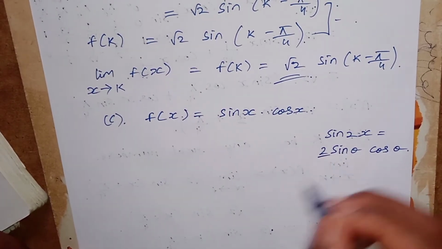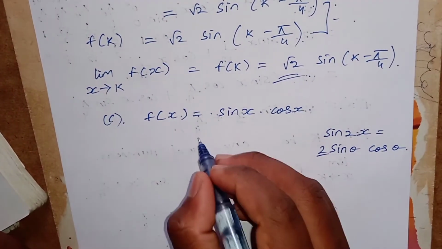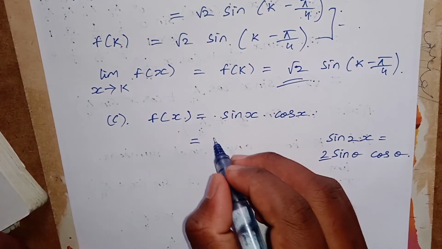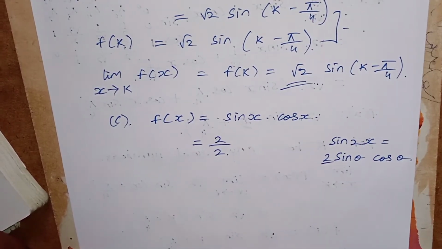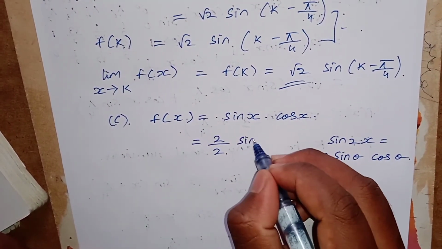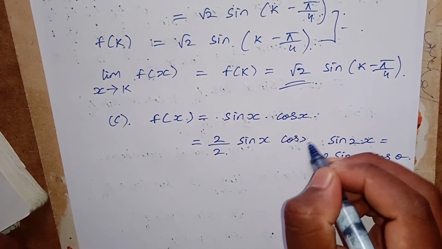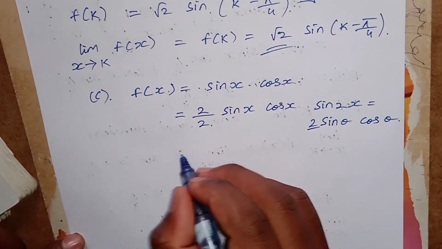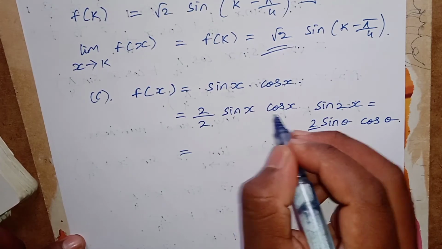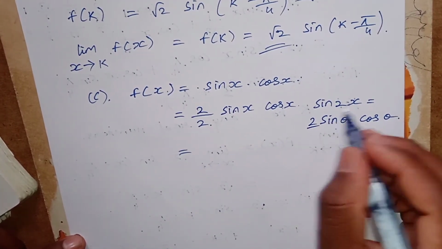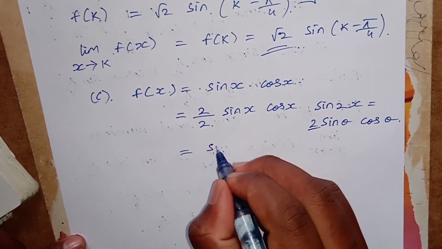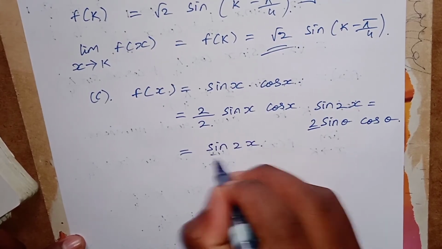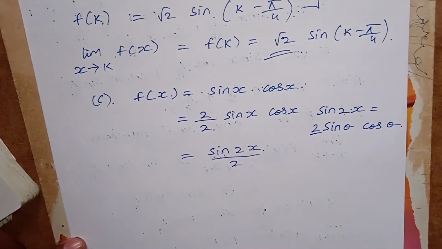Therefore we require 2, so I am multiplying and dividing by 2, sin x cos x. Here 2 sin x cos x reduces to sin 2x divided by 2.